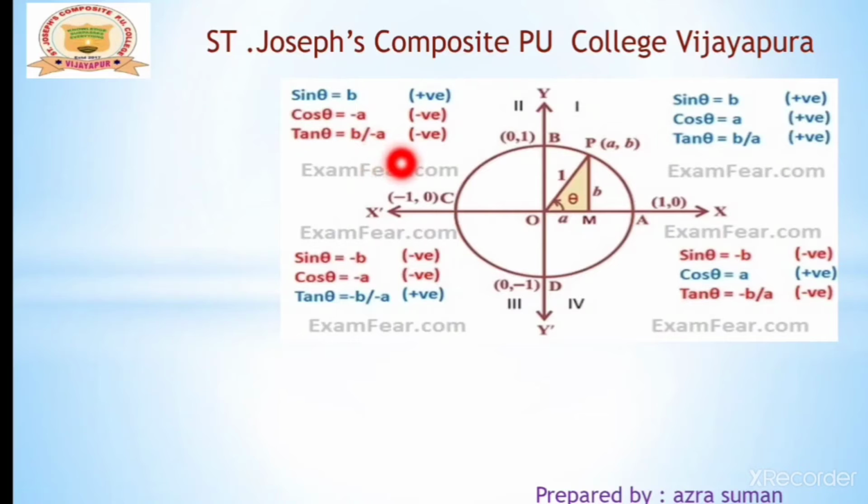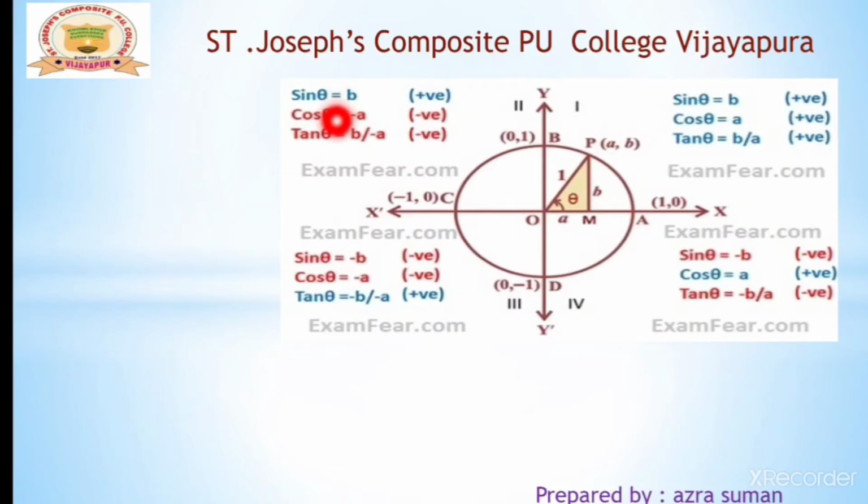Now look at the second quadrant. When we rotate the line OP anti-clockwise and it comes to the second quadrant, x is negative and y is positive. That means our A is negative and our B is positive. So sin theta is positive, cos theta is negative, and we know tan theta is sin theta by cos theta.